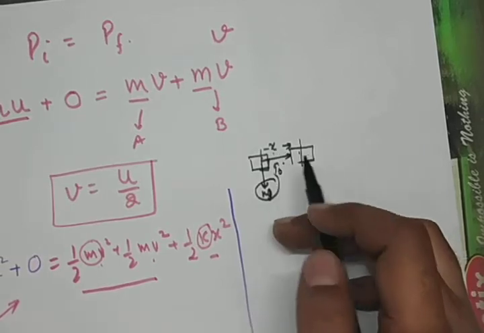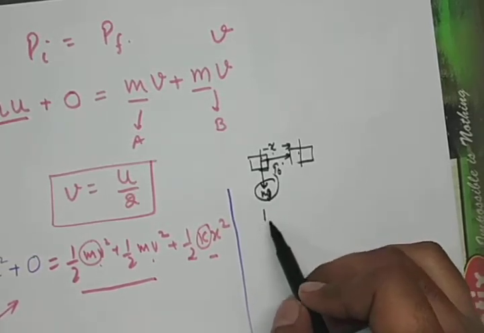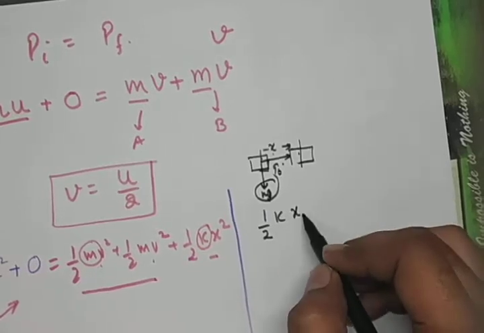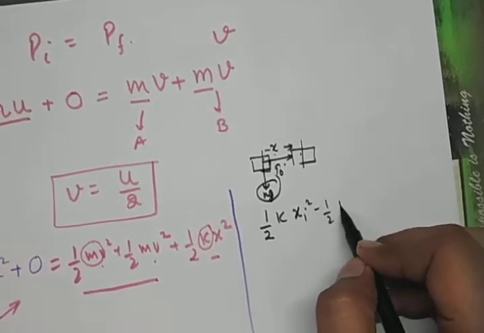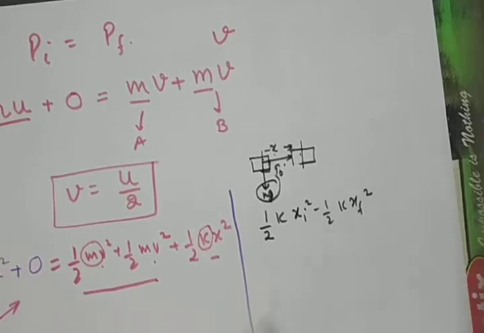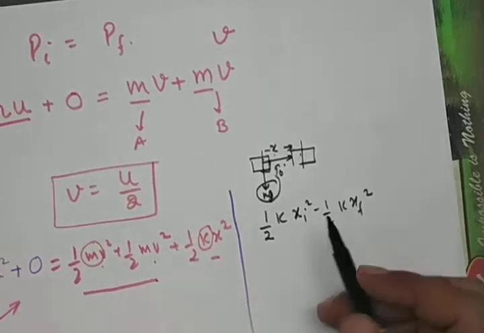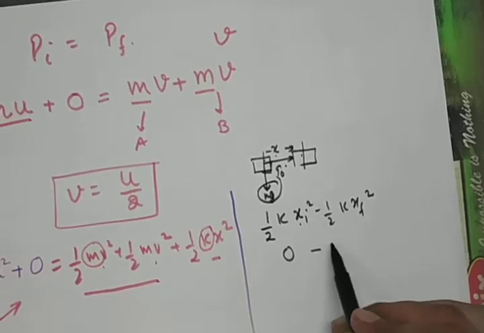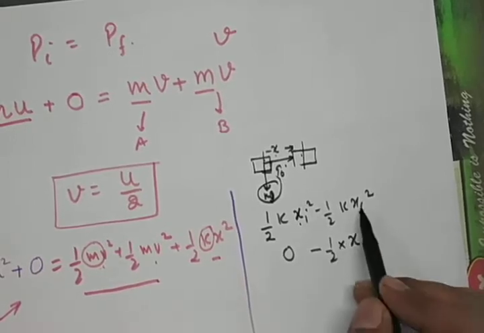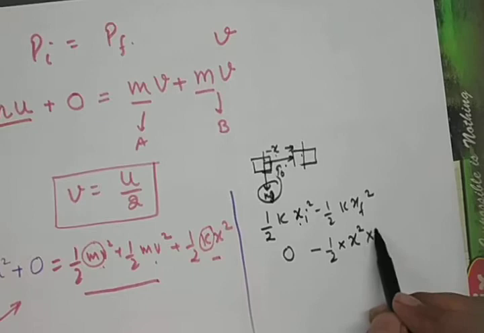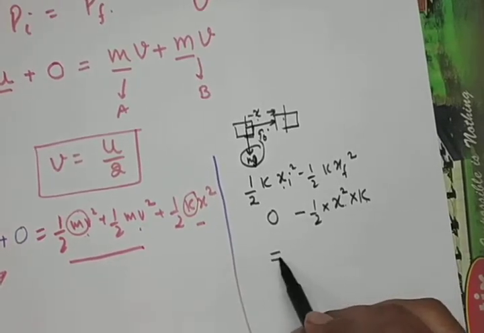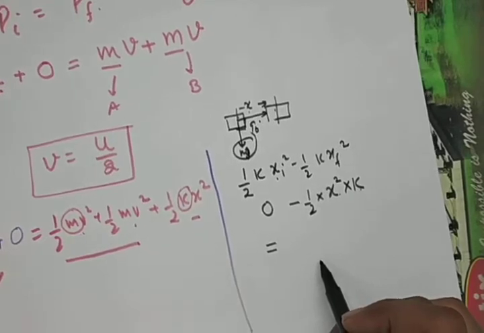But there will be elastic work done, that is half k xi square minus half k xf square. Initially it is at natural length, so it will be 0 minus the final compression, half k x square, equals change in kinetic energy.